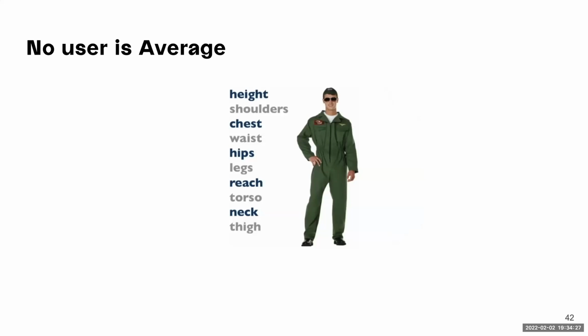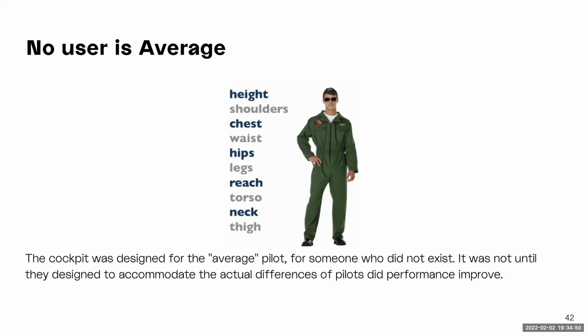Average in height, shoulders, chest size, waist size, hips, legs, reach, torso, neck, thigh? Which average should we design for? They decided to take the average of each of these and design the cockpit space for that. But actually, the number of people who shared the same average in all of this was zero, because no one was sharing the same average.